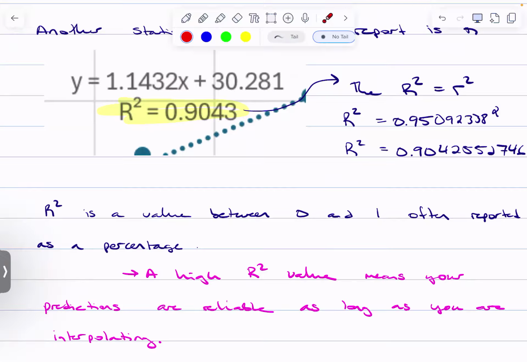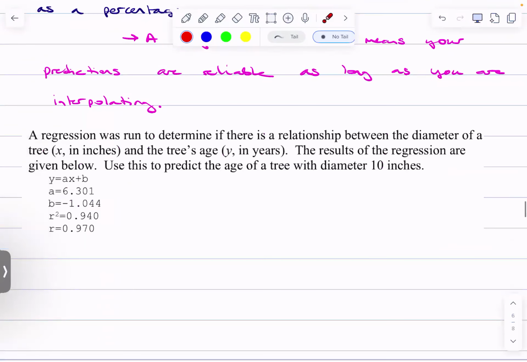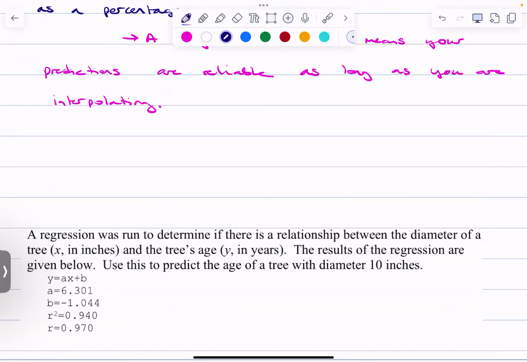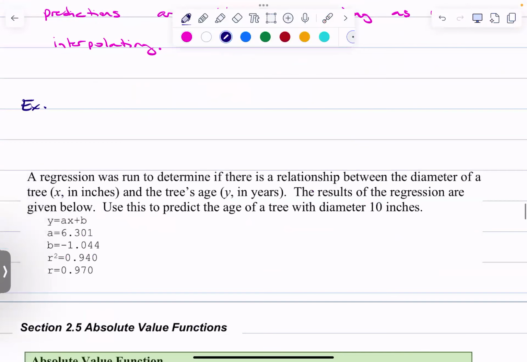I would say an R squared of 0.6 is still really good, right? If the R squared is 0.6, what's the correlation? Top notch. I'll do a little example. If R squared is 0.6, what is the correlation?